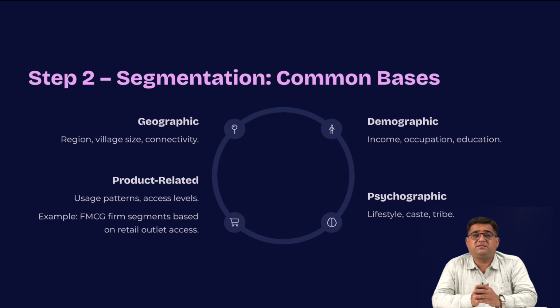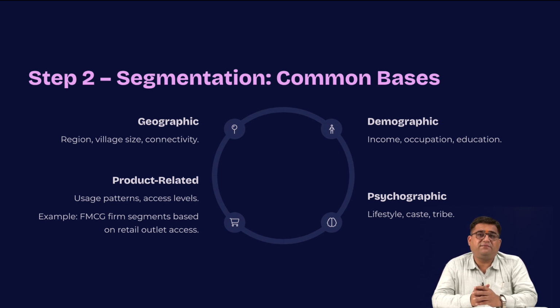Second type of segmentation involves demographic segmentation. This involves grouping based on income levels such as landless laborers, small farmers, or large affluent farmers, maybe by education levels or occupational profiles.